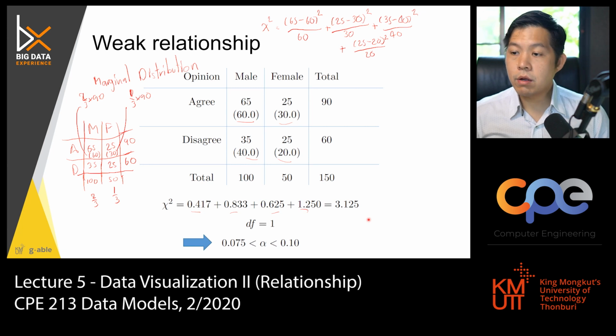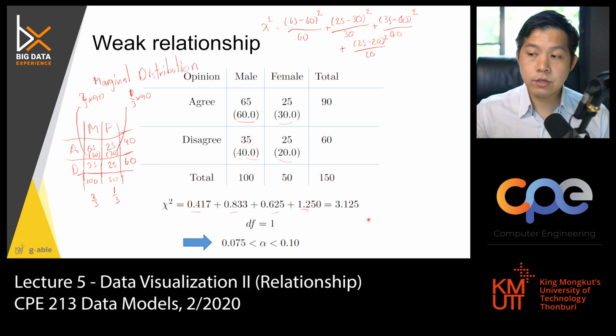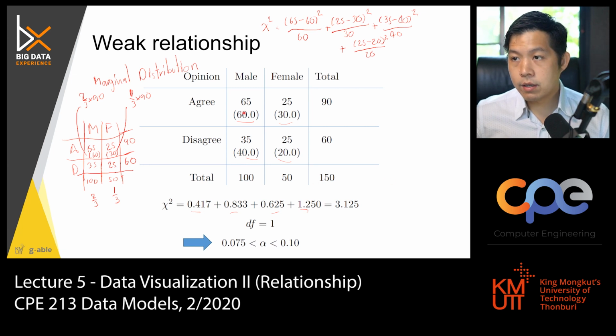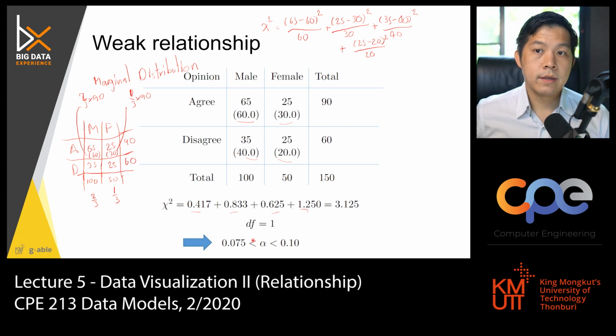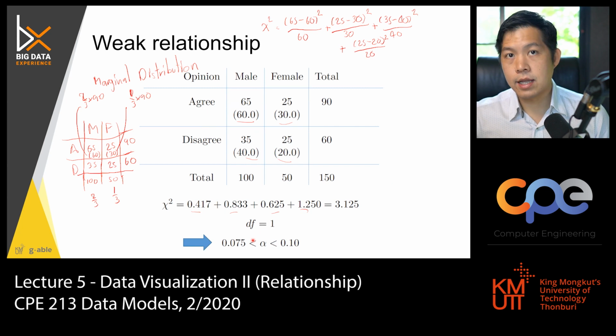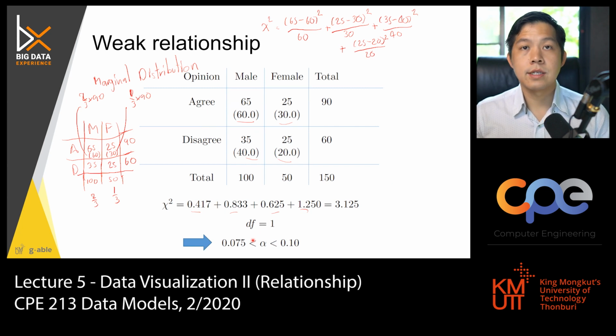Because the chi-square is quite low, and because of the number of rows and columns here, you get degrees of freedom equal to 1. You will learn about degrees of freedom later on in your stat class, but for now, let's use just the chi-square value. You got a low chi-square value, which means that the two are not related.